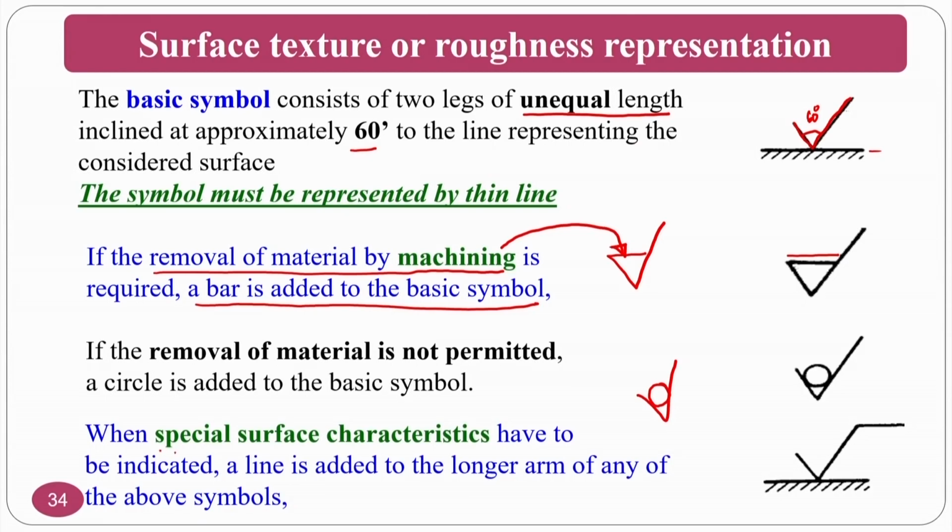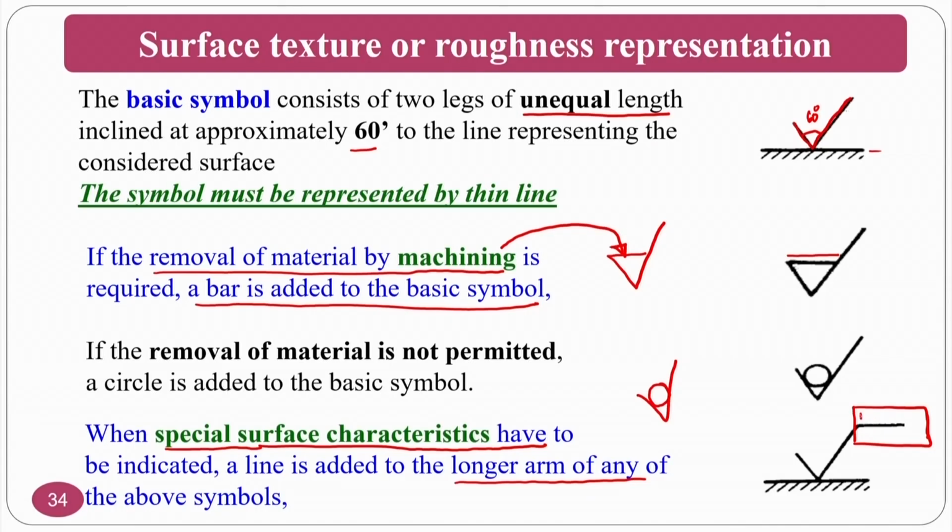Special surface characteristics. When special surface characteristics have to be indicated, a line is added to the long arm of any of the above symbols. That means you are going to add this particular arm if you have any special type of surface characteristics. Assume that I want to mention that it should be machined by a milling process, then I can write milling on top of it.